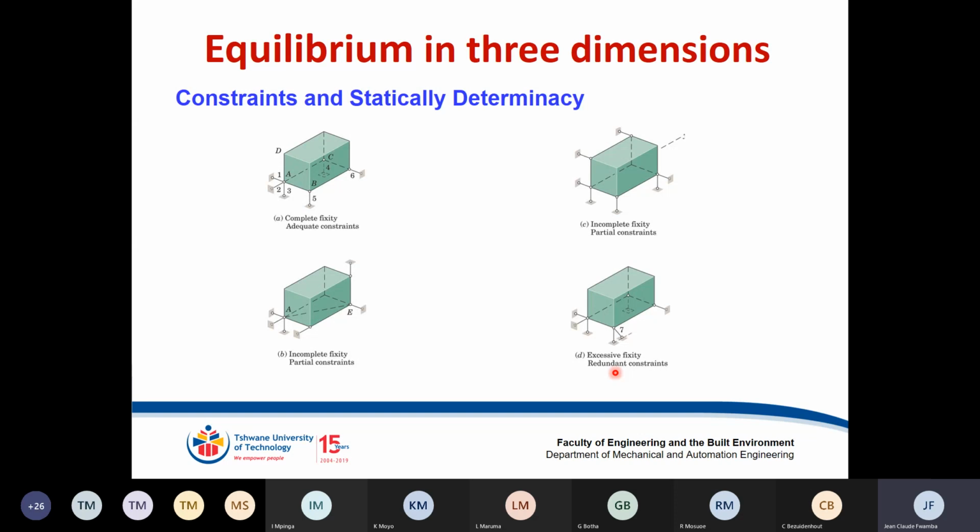In the process, you'll release your system from any additional tension which you are creating by putting those extra restrictions. So if you come across an over-restricted system, which is classified as redundant, take away those restrictions which really don't need to be there.